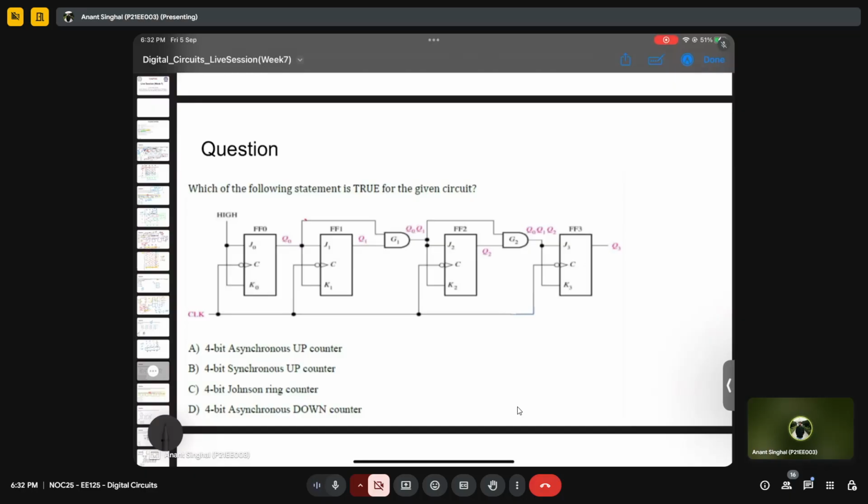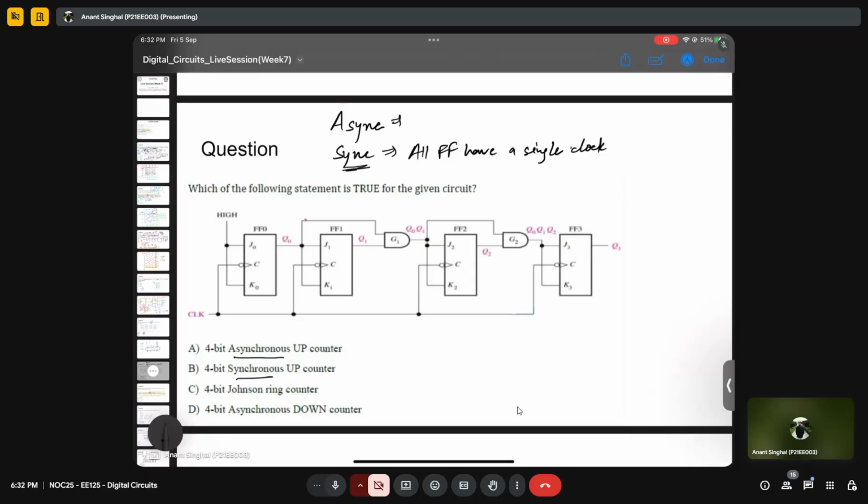One thing I need to explain before you start: since the options mention asynchronous and synchronous, the basic difference between these two words, as the name suggests, is that synchronous means all the clocks are in sync. That means all flip-flops have a single clock.